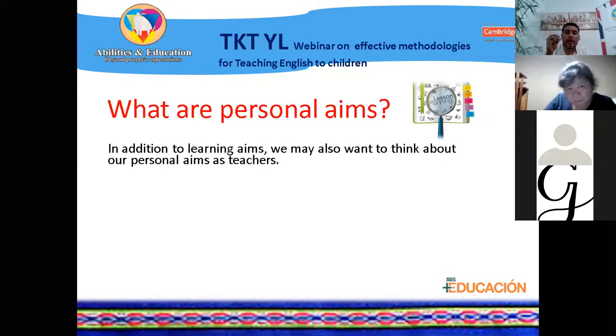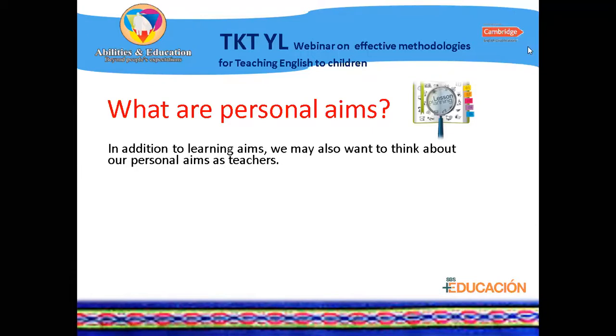In addition to learning aims, I mean the aims we choose for our lessons, what we want to achieve or what we want our students to achieve, we may also want to think about our personal aims as teachers.